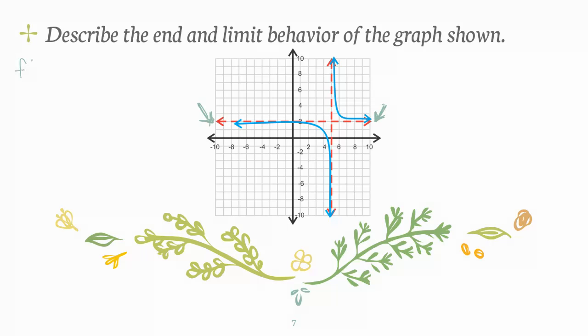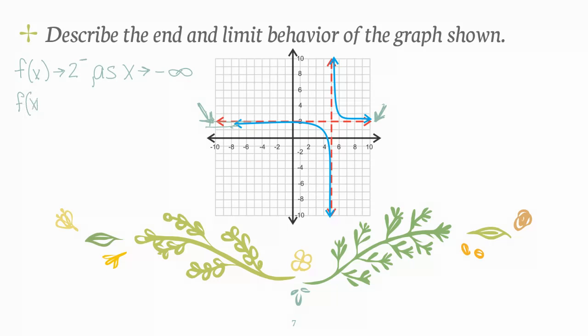So looking at the left here, the graph is approaching 2 from the negative side as x approaches negative infinity. So x is approaching negative infinity to the left. The graph is approaching this asymptote at 2 from the negative side, from the bottom.